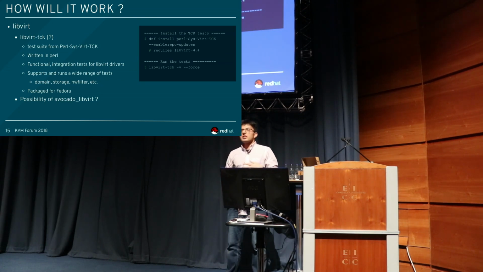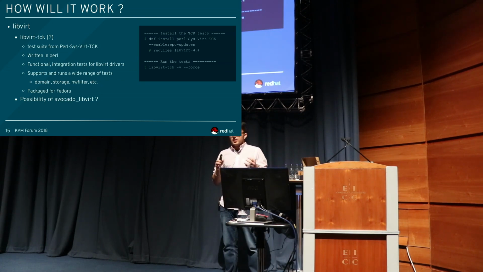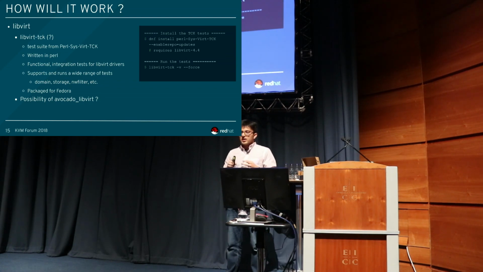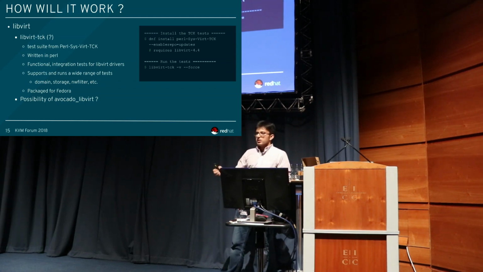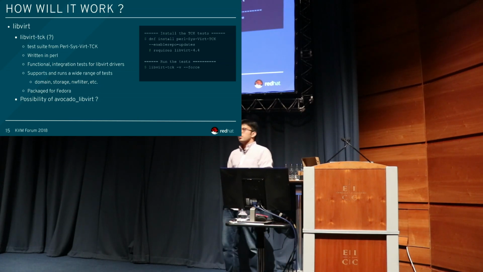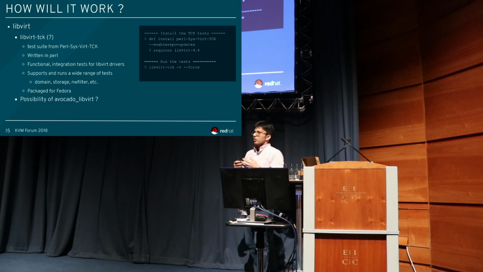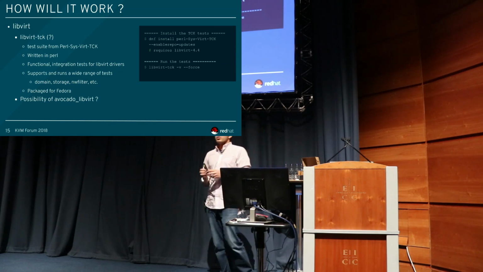It is packaged for Fedora, but it is written in Perl. And based on the feedback that I've gotten from the libvirt community, they don't intend to contribute to the libvirt TCK tests in Perl. So one of the options may be rewriting it in Python, but that is a lot of effort. Also, libvirt TCK has a hard requirement of libvirt 4.4, so it doesn't work in Fedora 28.